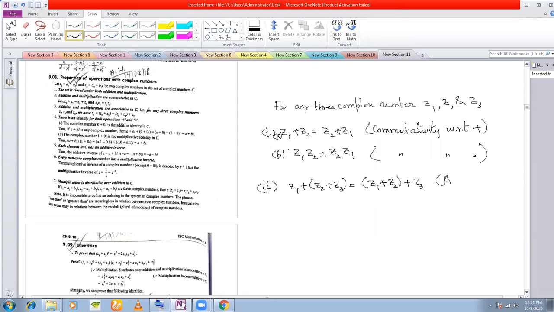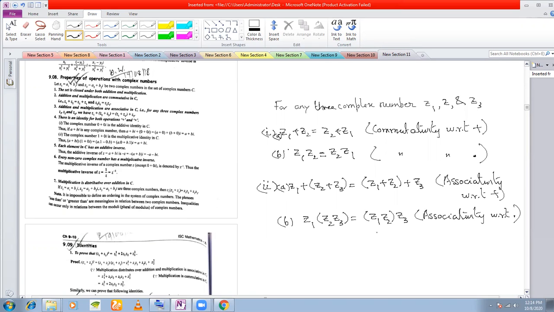This is called associativity with respect to addition. Next, Z1 into Z2 Z3 is equal to Z1 Z2 into Z3. This is called associativity with respect to multiplication.